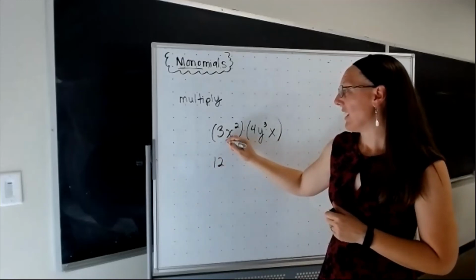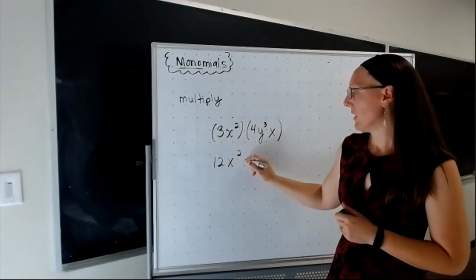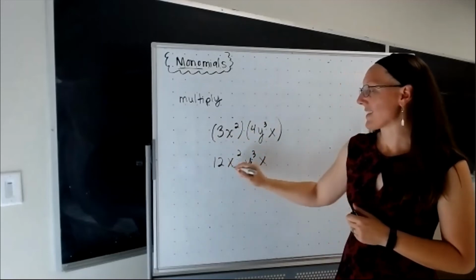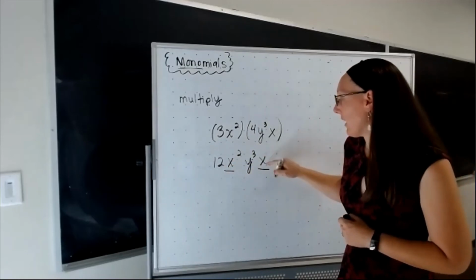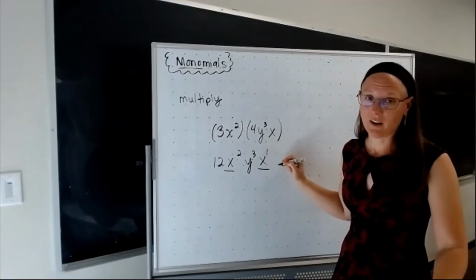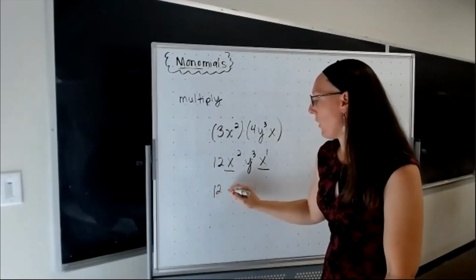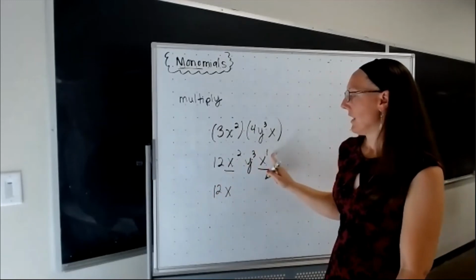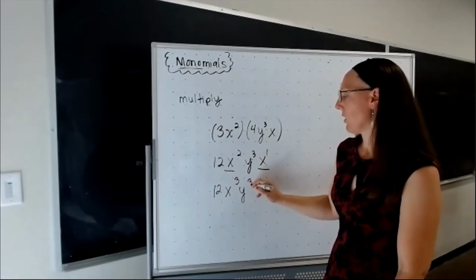And then if I were just writing the rest of this out, I'd have x squared and a y cubed and an x, but I'm going to group those x's together. And again, the invisible exponent on this x is a 1. So when I use the additive law of exponents here, I'd end up with 12x, 2 plus 1 would give me 3, y cubed.